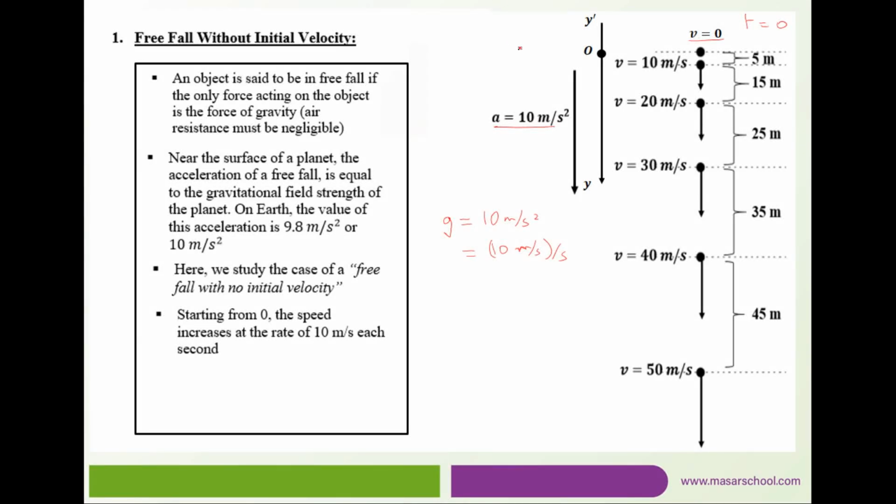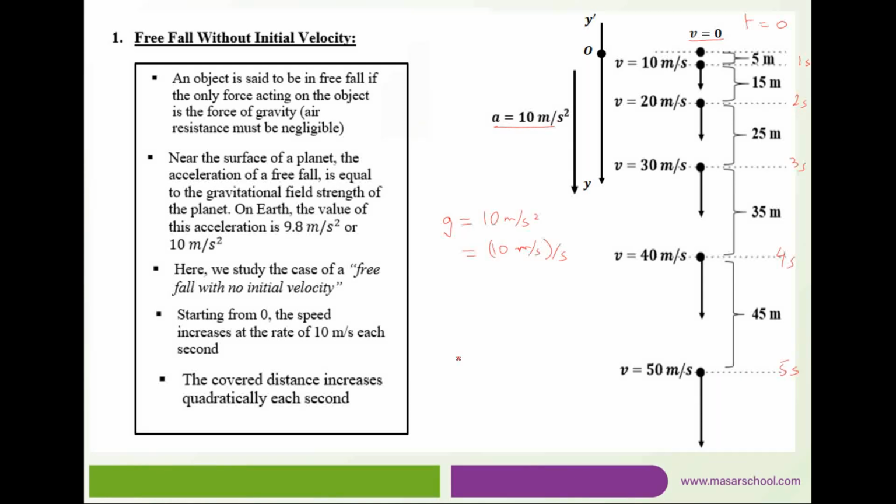By that we say that the acceleration is generating the velocity downward. In the first second, the speed is 10. At t equals 2 seconds, the speed is 20, then 30, 40, and 50.